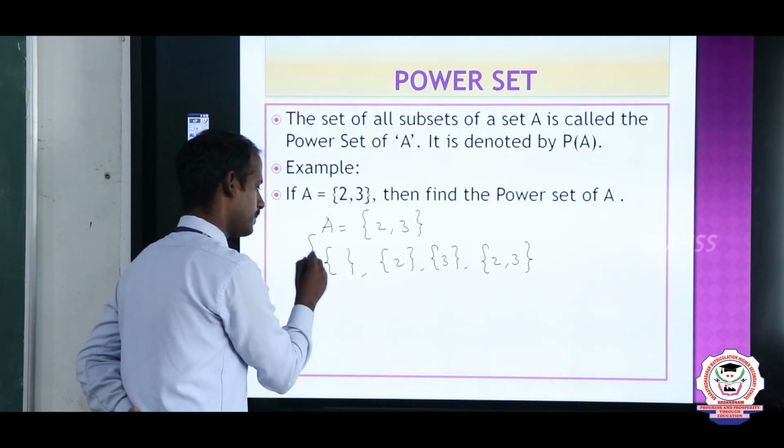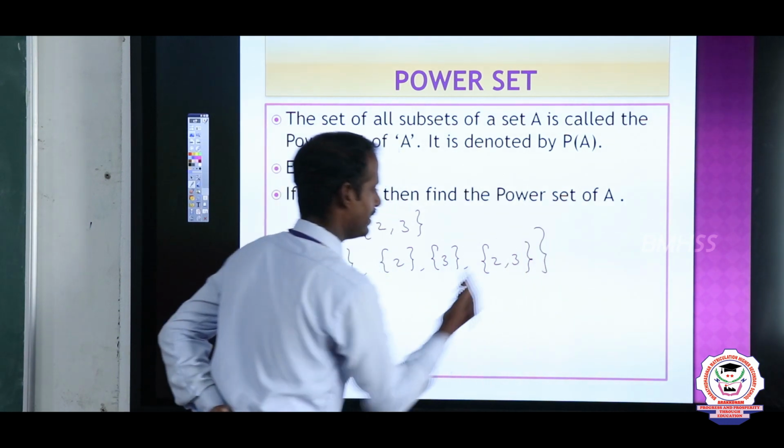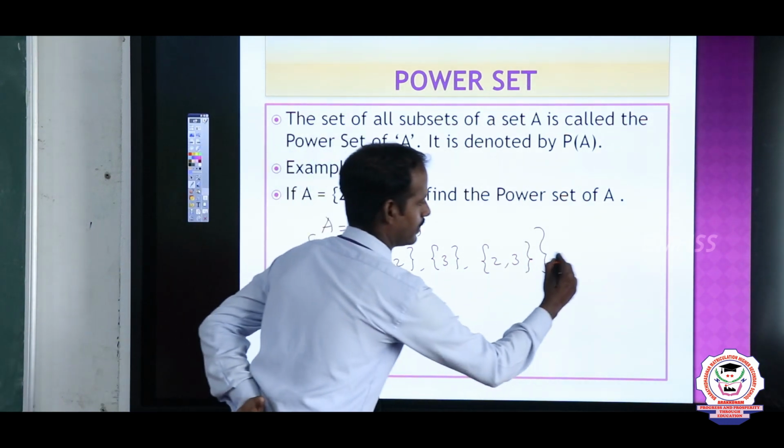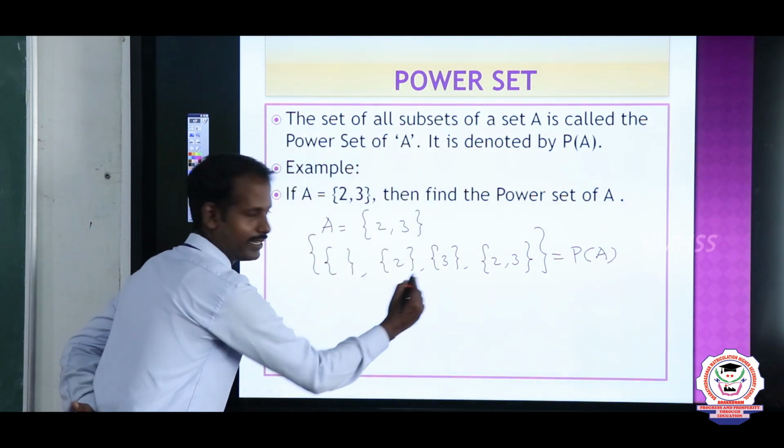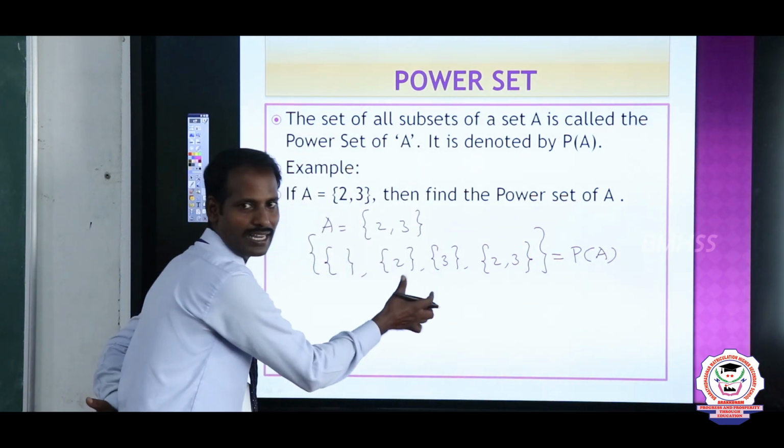So all these possibilities collected in one set is called the power set, denoted by P of A. So the power set is all the subsets contained in one set.